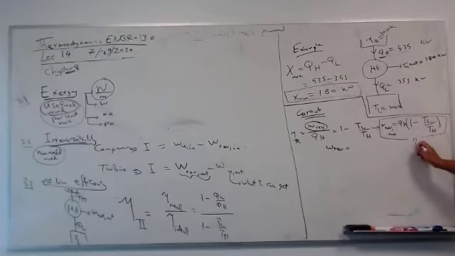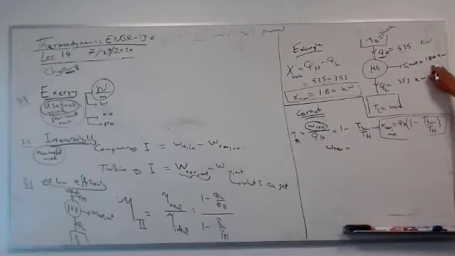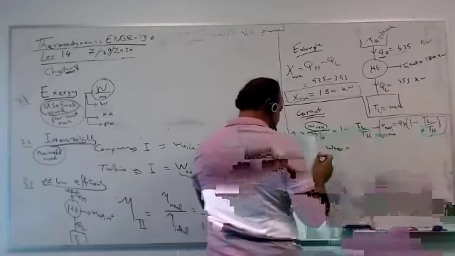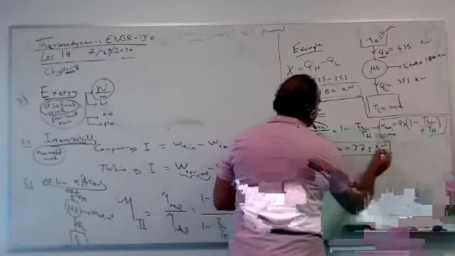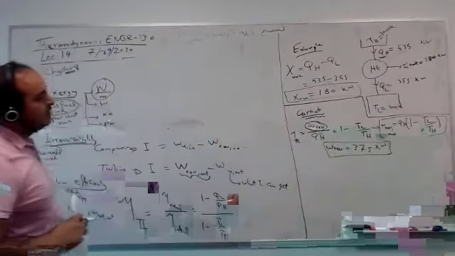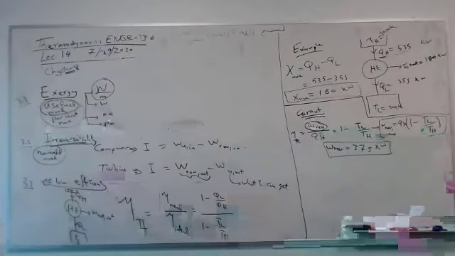But if I have 200, yes, that's real. 180 is ideal. It's impossible to have work greater than the maximum, which is Carnot. So W reversible was here 375 kilowatts. Oh wow, almost double, 200 times 2, almost double.